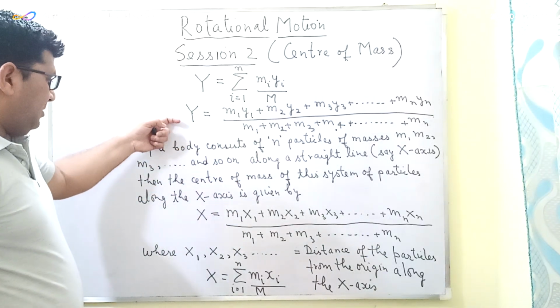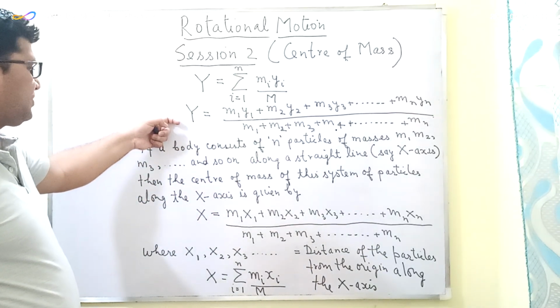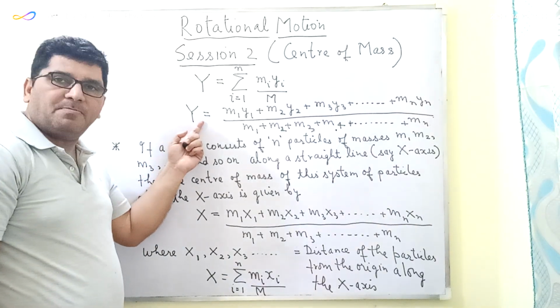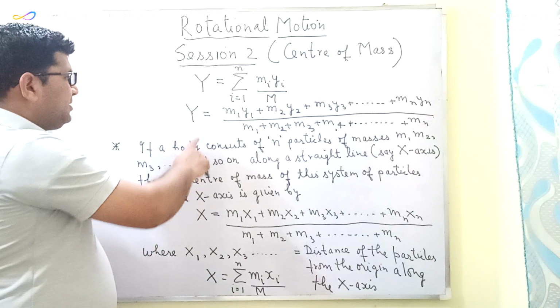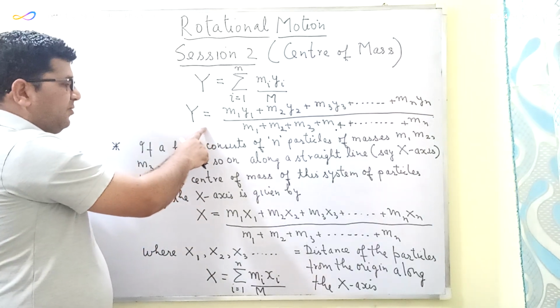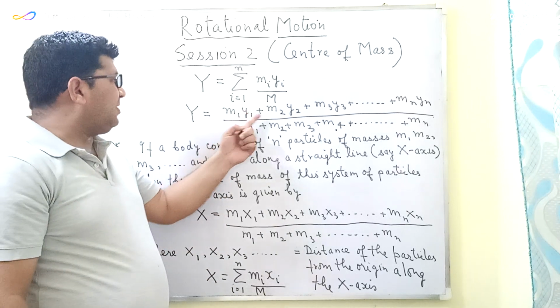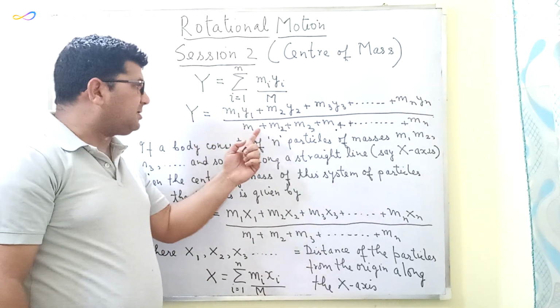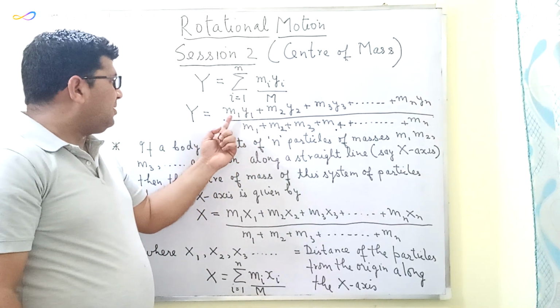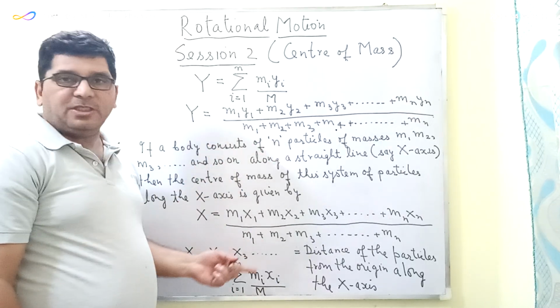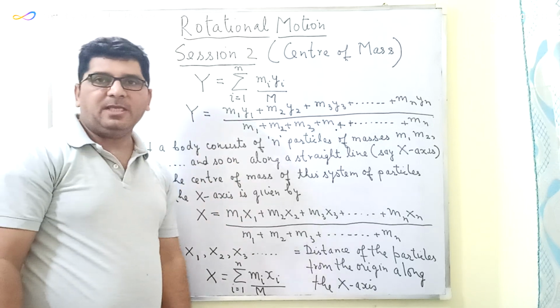This is the center of mass of a system of particles along the y-axis, and y1, y2, y3 and so on are the distances of the individual particles from the origin along the y-axis.